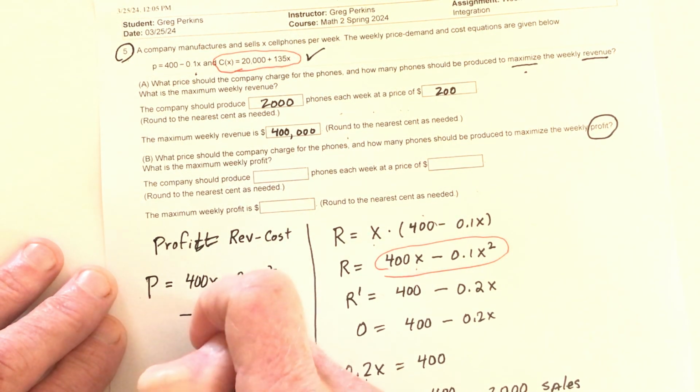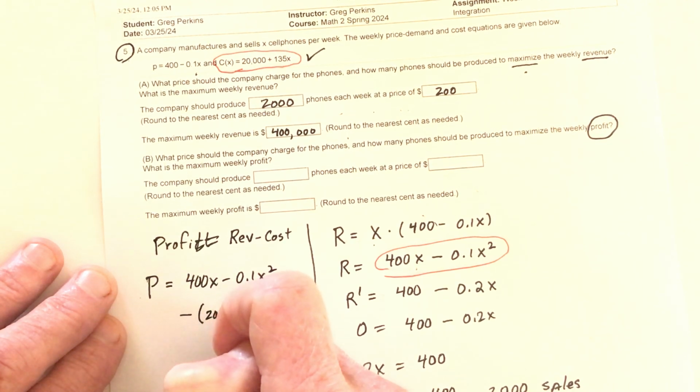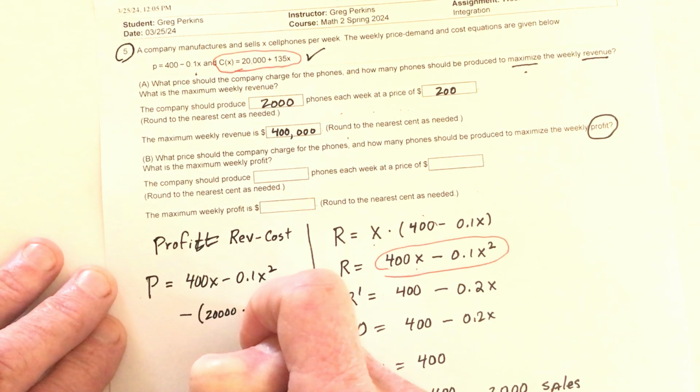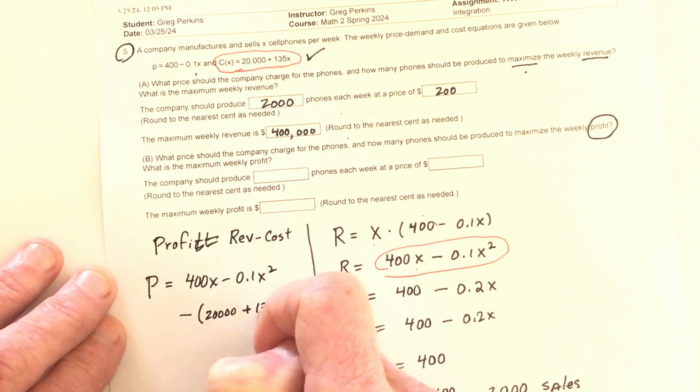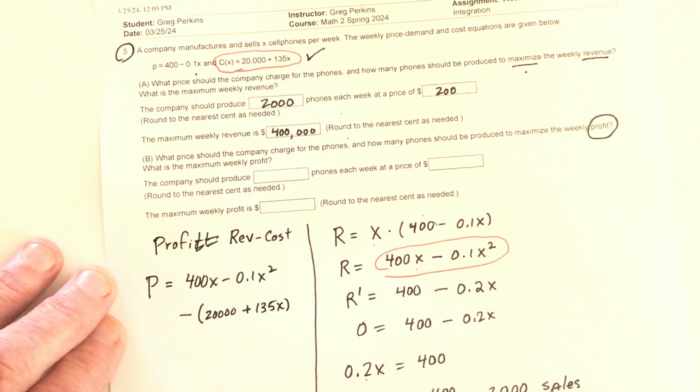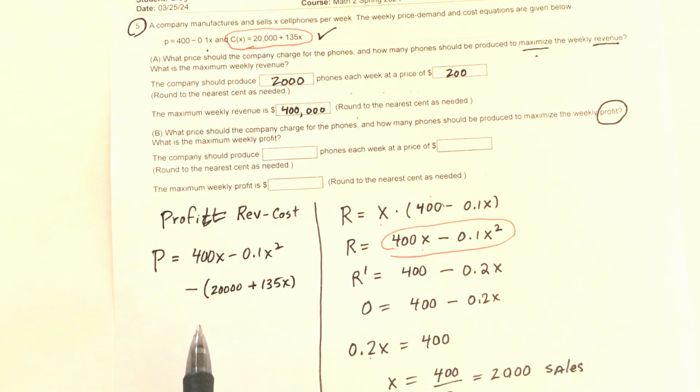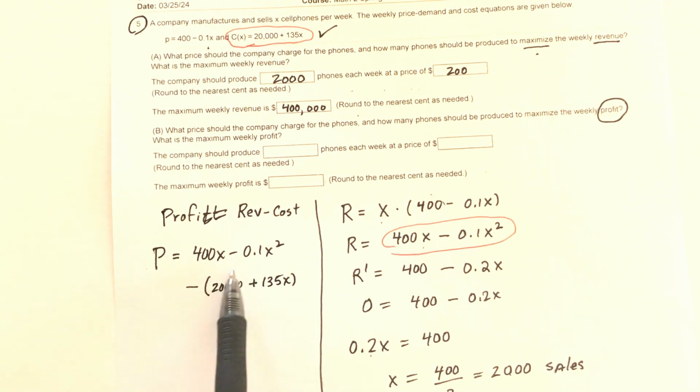So then subtract the 20,000 and plus 135x. So basically you would then take this function, take the derivative, so basically like I did over here, take the derivative set equal to 0, and then get that final answer.